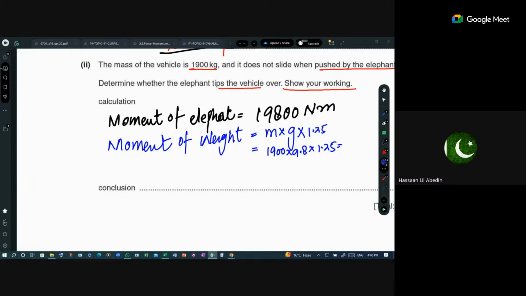Multiply by 9.81? Yes. 23,298.75. It can be rounded up as 23,300 Newton meter. Right?